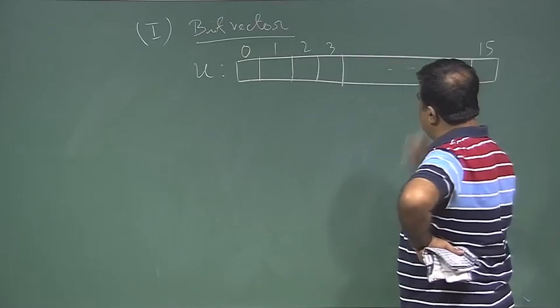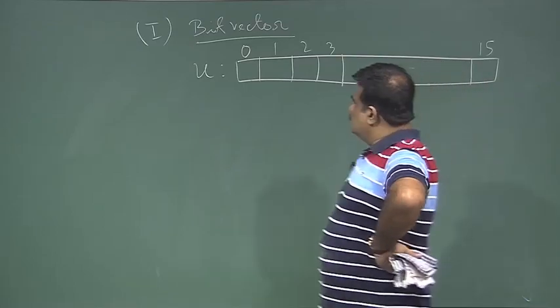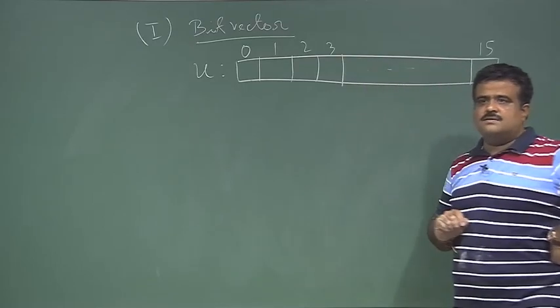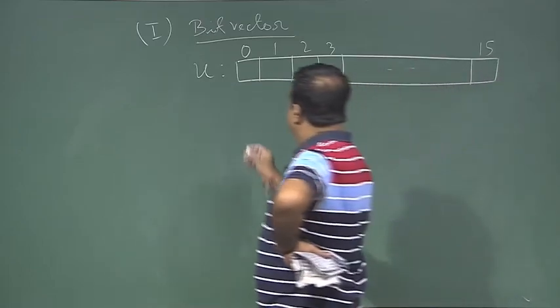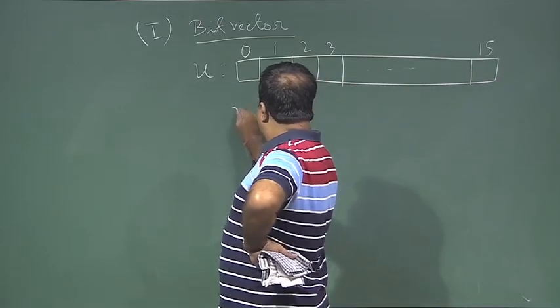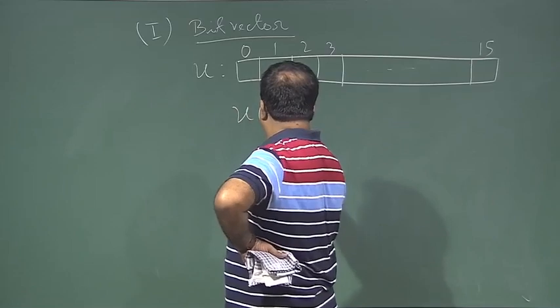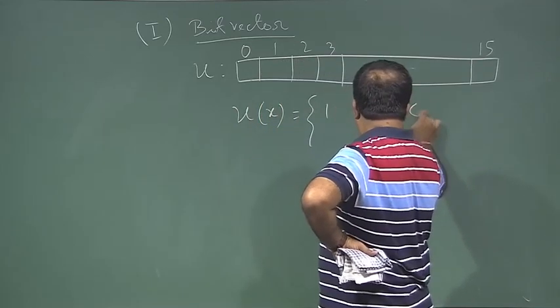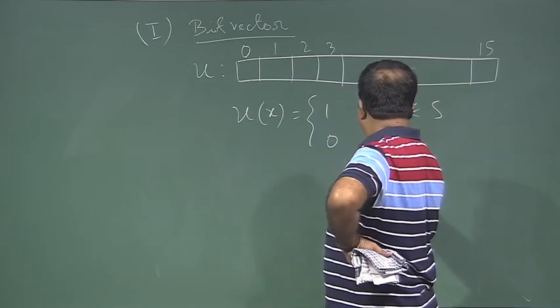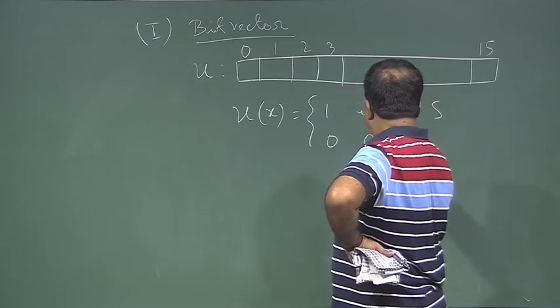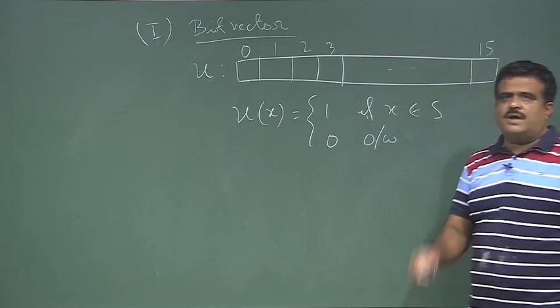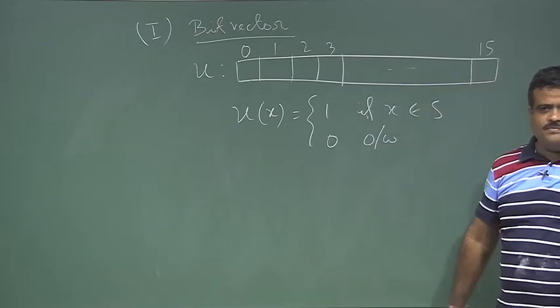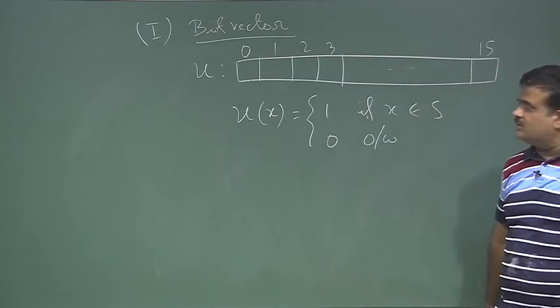Now, how to insert? To insert, U of x is 1 if x is in S, 0 otherwise. Just a bit vector, switch on, switch off, a very nice data structure, a 0 1 vector.